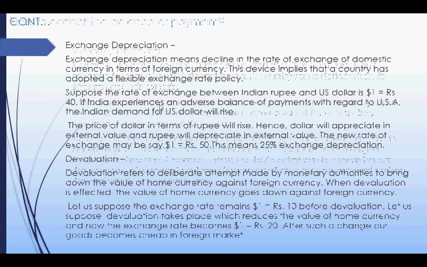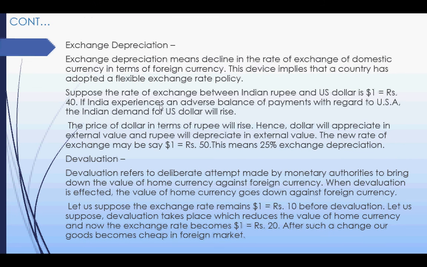Number 2, exchange depreciation. It means a decline in the rate of exchange of the domestic currency in terms of the foreign currency. So this device implies that a country has adopted the flexible exchange rate policy. Suppose the rate of exchange between India and US is rupee 40 per dollar.